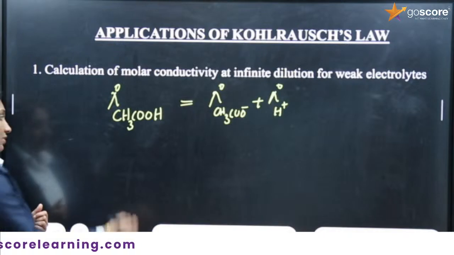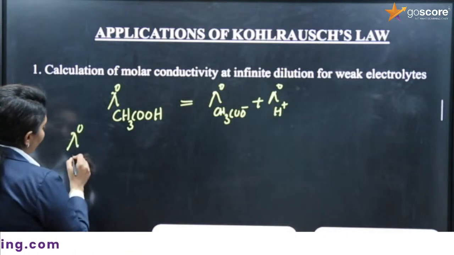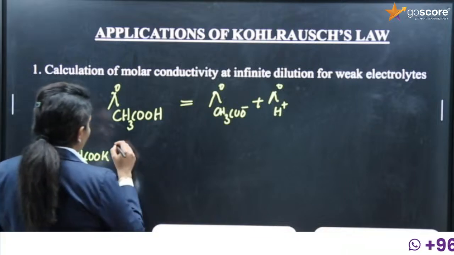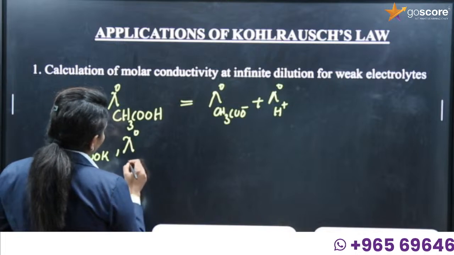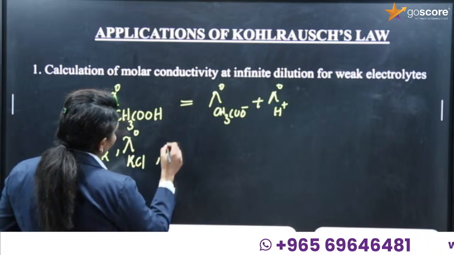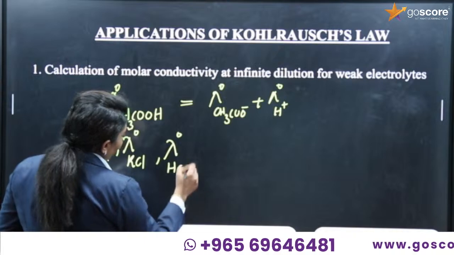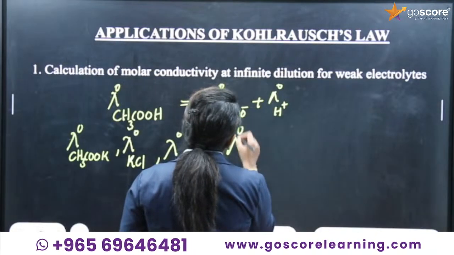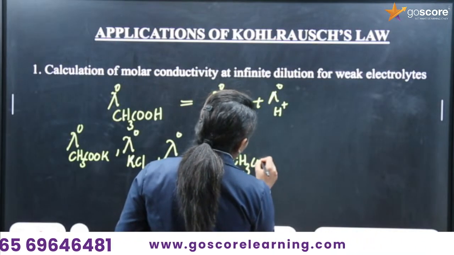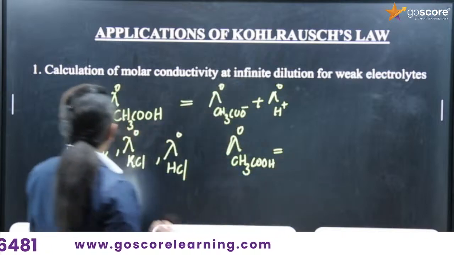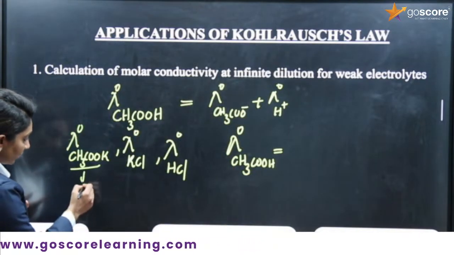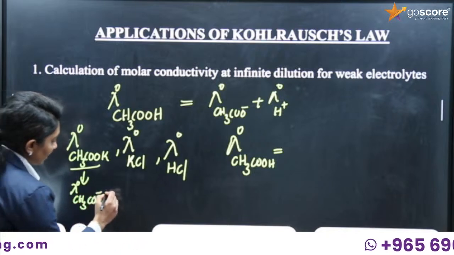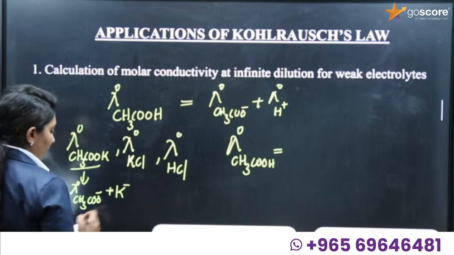Instead of this, if you know the limiting molar conductivity of CH3COOK, potassium acetate, and that of potassium chloride and HCl, we can easily find out the limiting molar conductivity of CH3COOH. CH3COOK will be dissociating to give CH3COO minus plus K plus, right?